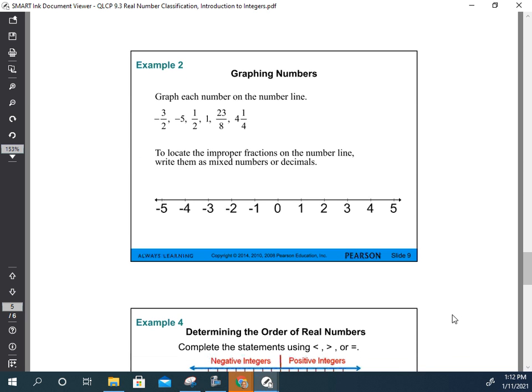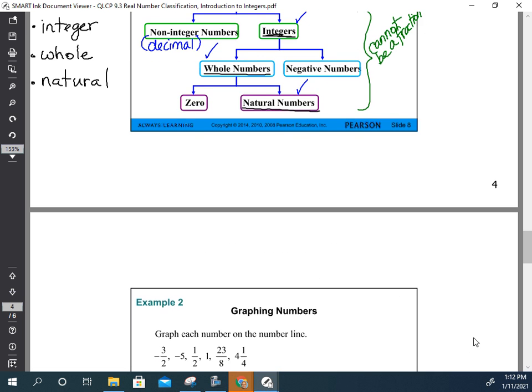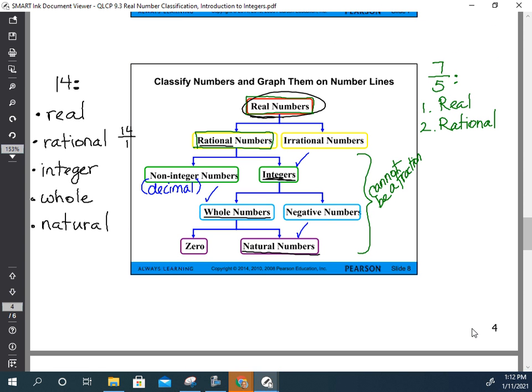Good. So in order for it to be an integer, it has to be a clean number. So a whole number. Whole number, not a fraction, not a decimal.